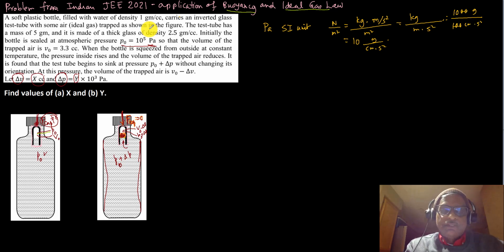Okay, so how would we do this? Let's look at what's going on here in terms of the buoyancy.